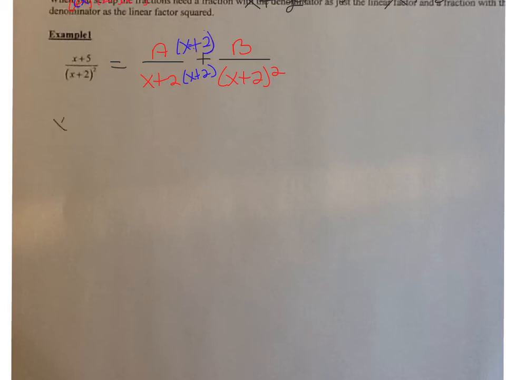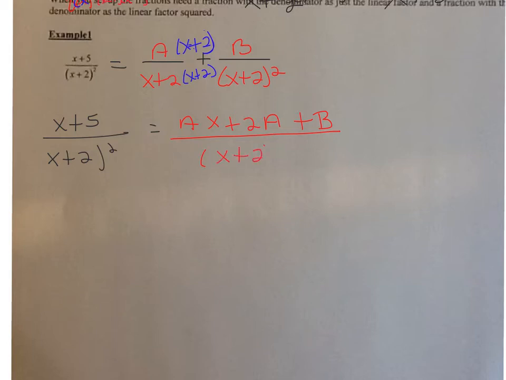So I have x plus 5 over x plus 2 squared equals, I'm going to distribute my a. So I have ax plus 2a plus b all over x plus 2 squared.